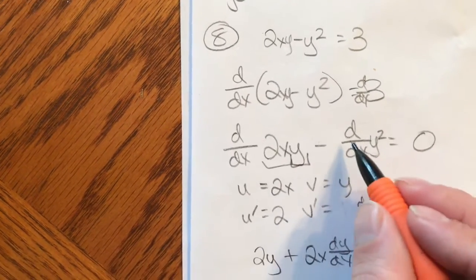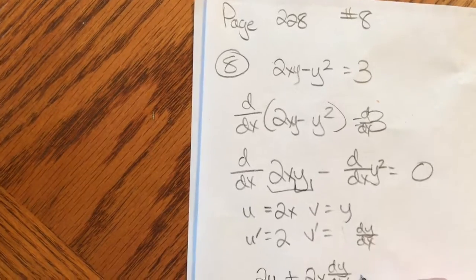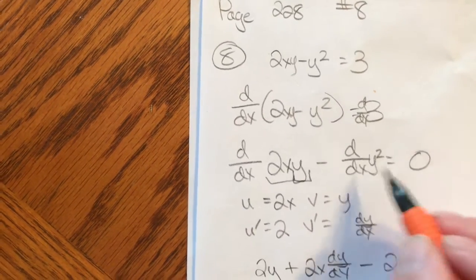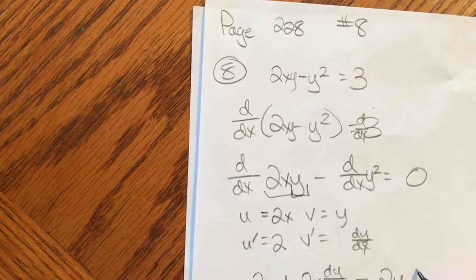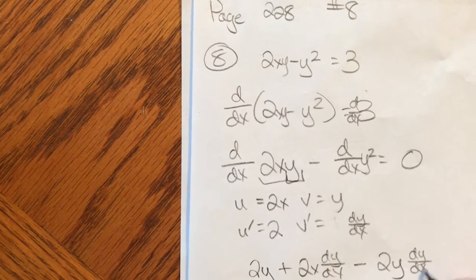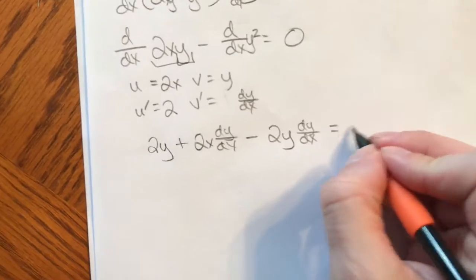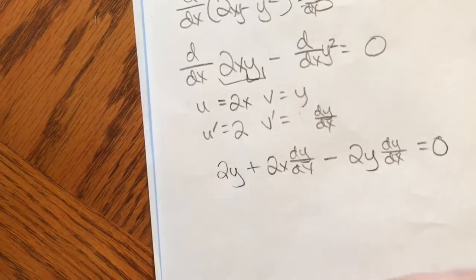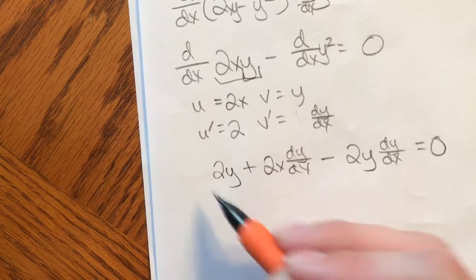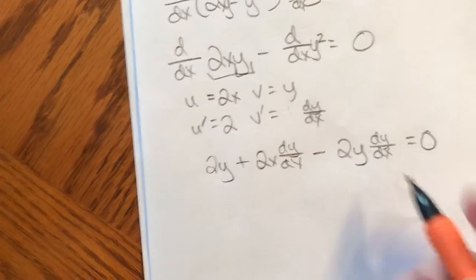Minus the derivative with respect to x of y squared is going to be minus 2y, and since I took a derivative of a y value, I have to attach a dy/dx. Still equals 0. Step 2 is you factor out all the dy/dx's and move all the non-dy/dx's to the other side.